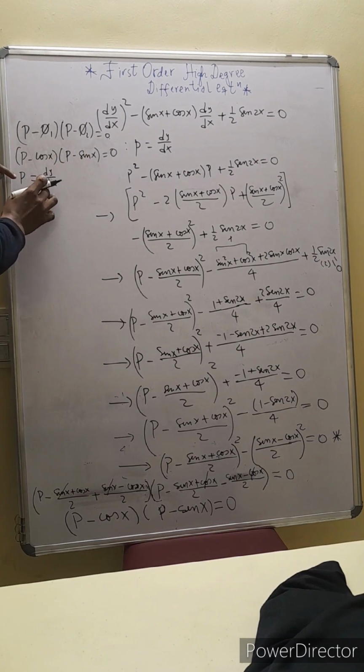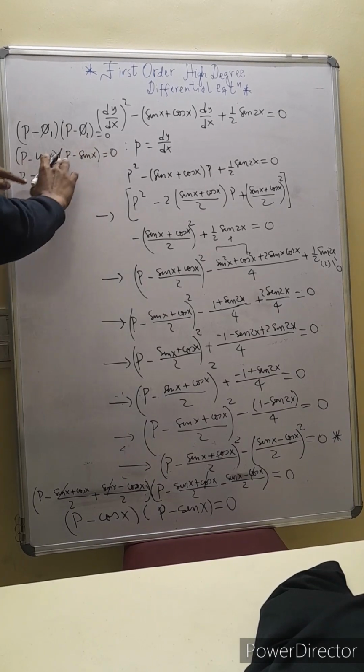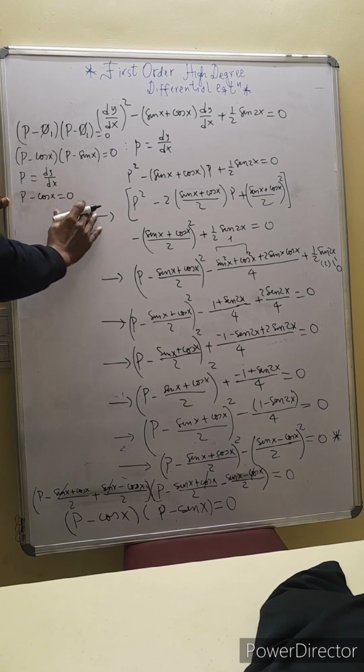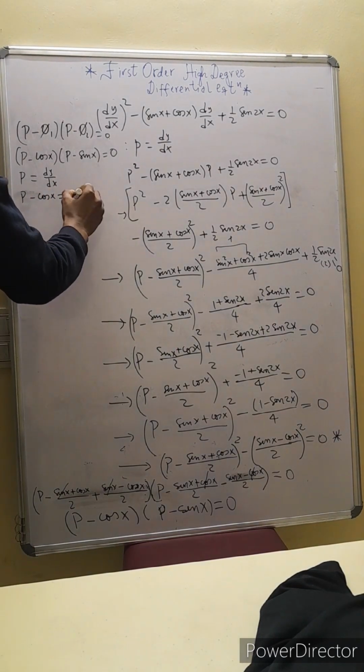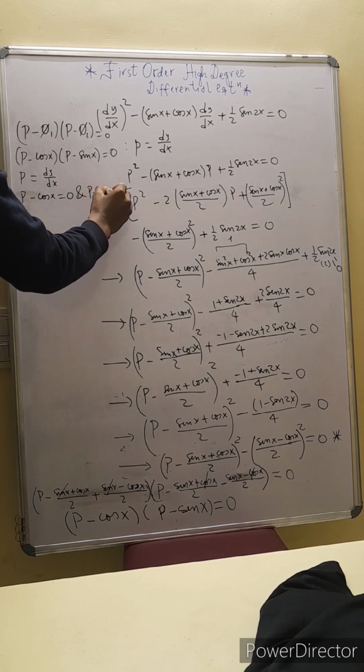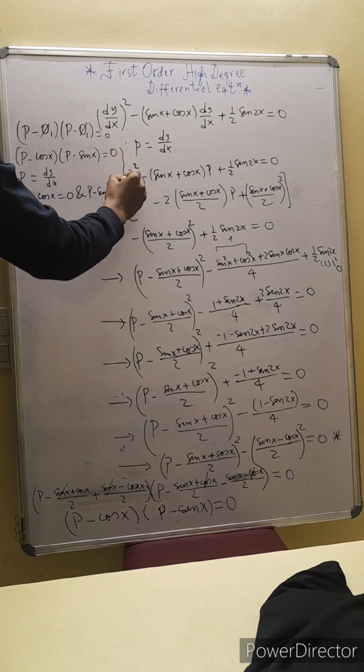Now, by putting this P here, what are you going to have? This expression is equal to 0, this expression is equal to 0. So you get P minus cos x is equal to 0, as well as P minus sin x is equal to 0 too.